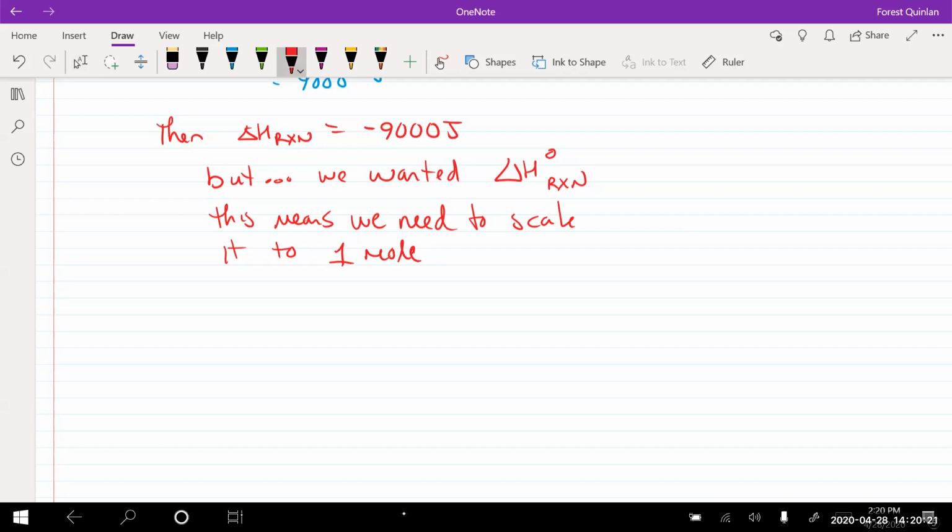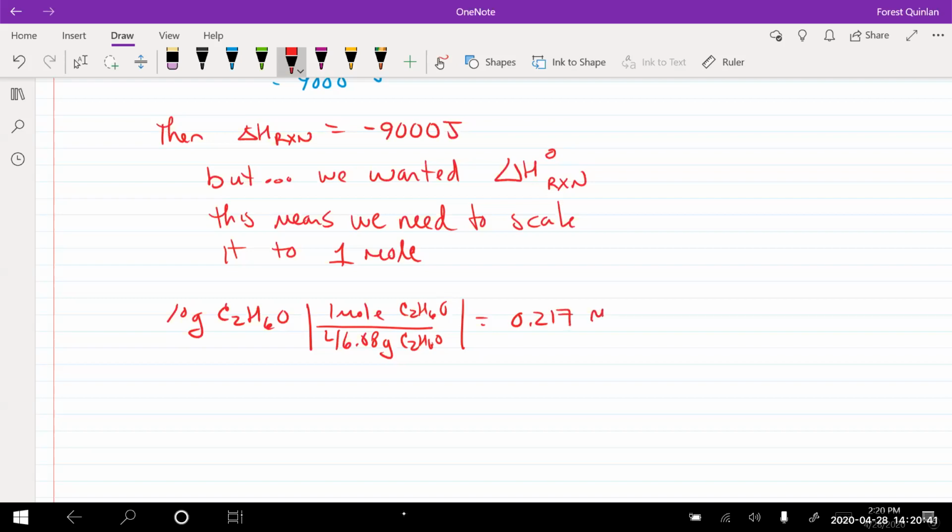So 10 grams of C2H6O is 46.08 grams. And that's 0.217 moles.